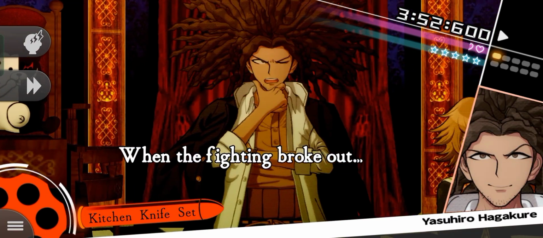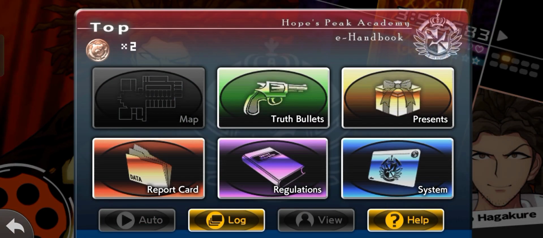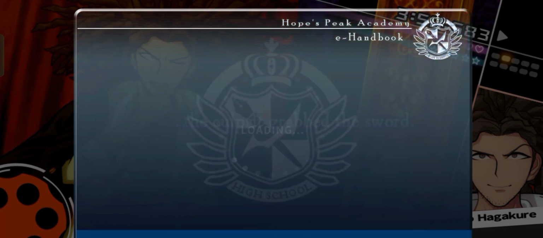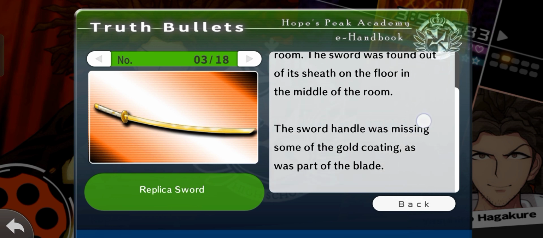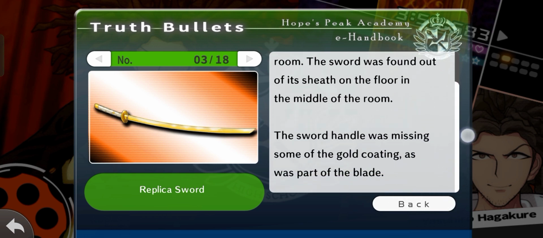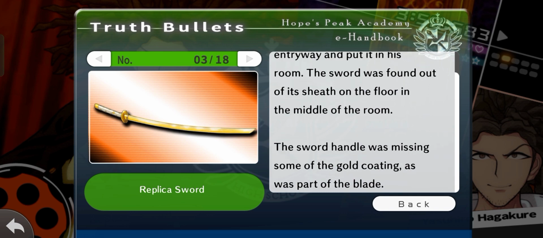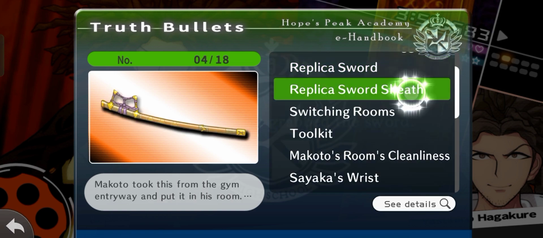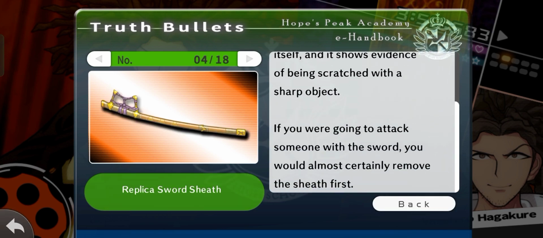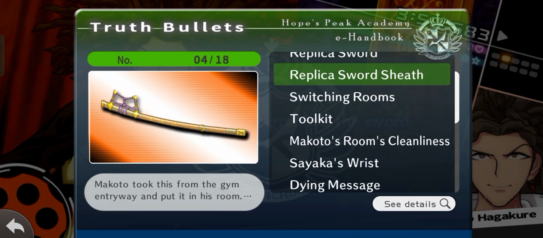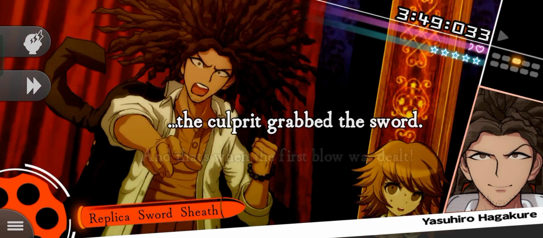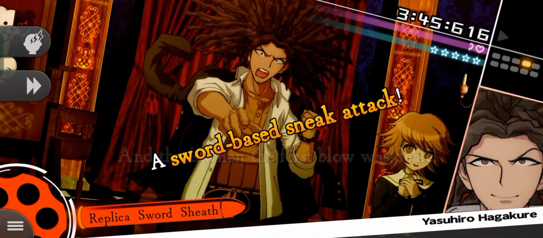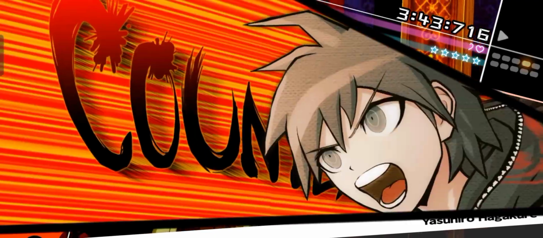When the fighting broke out, the culprit grabbed the... And that's when the first blow was dealt. A sword-based sneak attack. No, it's wrong.